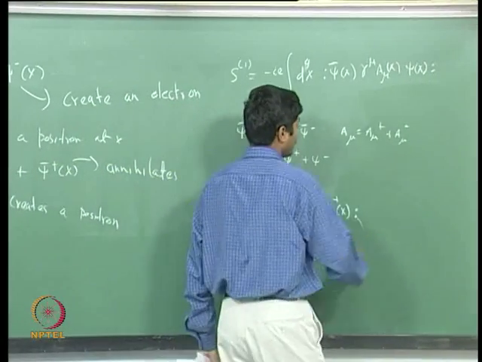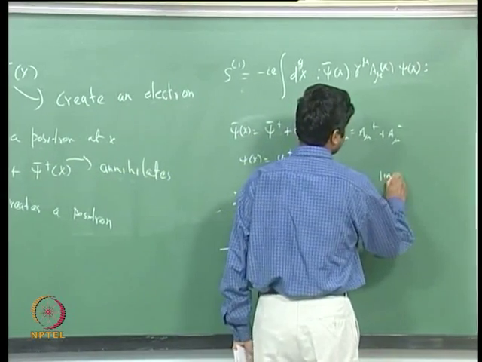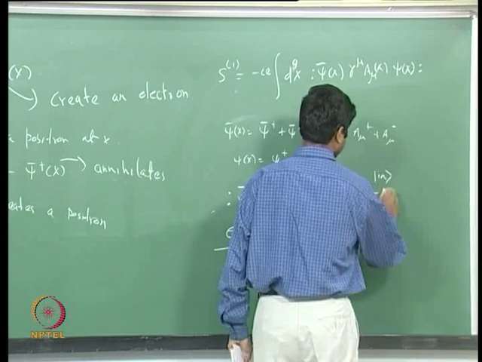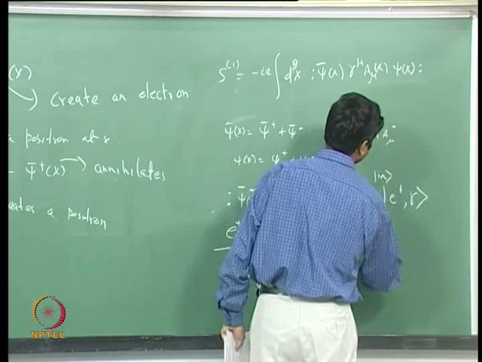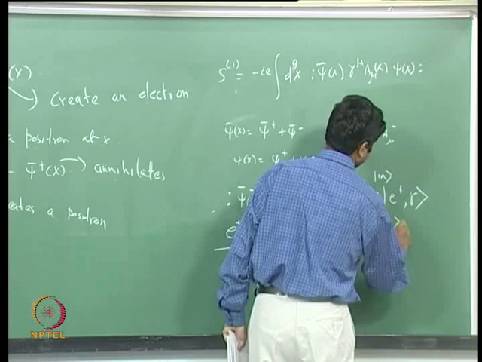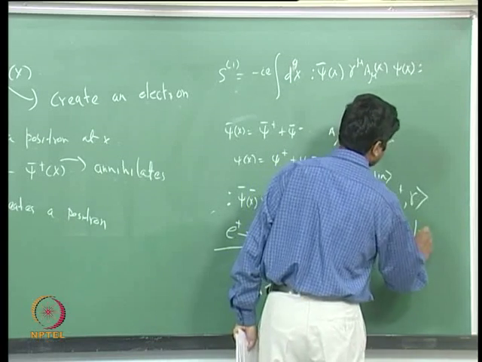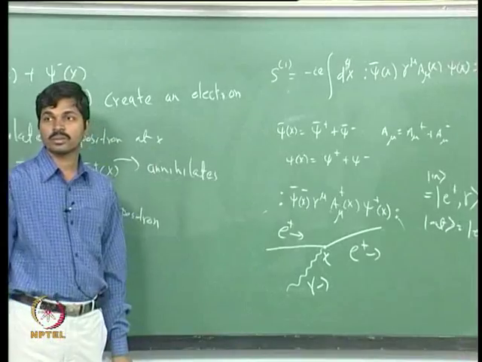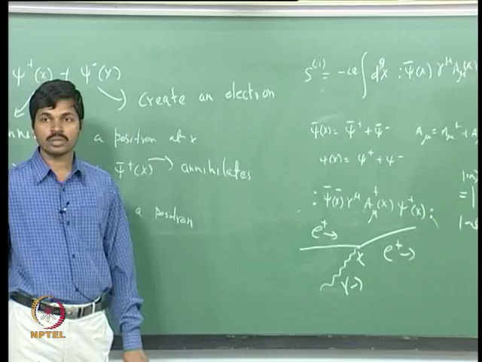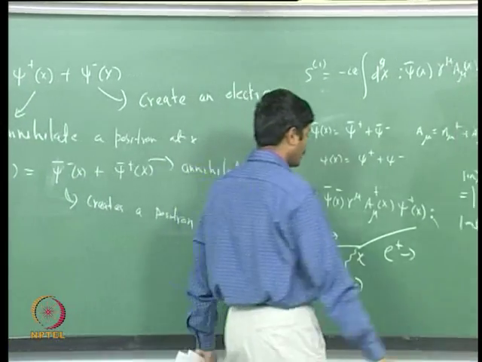So, if you have an in state which is a positron and a photon, and an out state which is one positron, then this is the term in the S matrix which might give a non-zero physical amplitude.